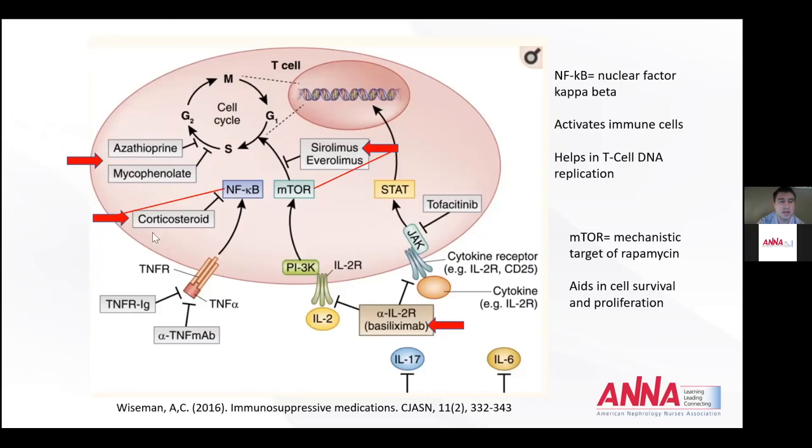So it blocks more generalized and not specific. Then you have other medications, sirolimus, which we'll talk about as an mTOR inhibitor. Down here, again, basiliximab, an interleukin-2 receptor blocker. This just shows you that all of them try to get to that nucleus inside that cell, affecting DNA proliferation, replication, and interleukin production.